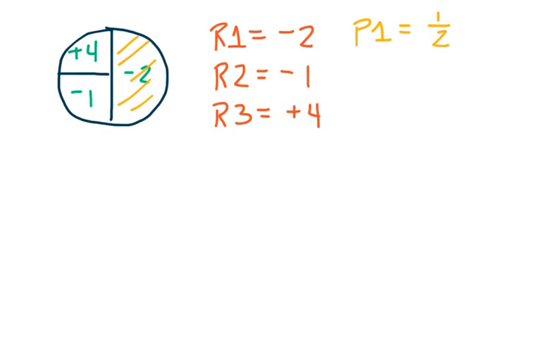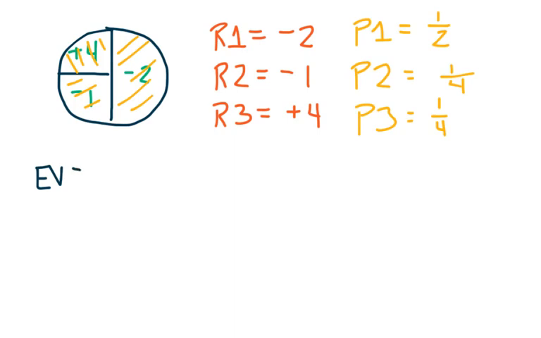When I look at result number 2, I'm going to lose $1 1/4 of the time. And then when I look at result number 3, I'm going to win $4 1/4 of the time. So now I know all my results, I know all the probabilities that go with them, so I'm ready to find the expected value.